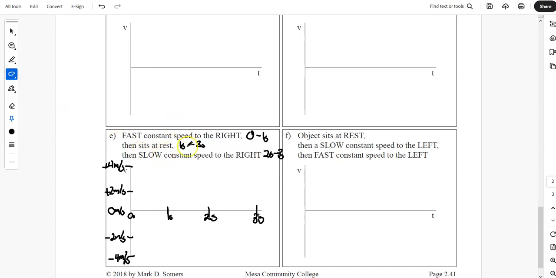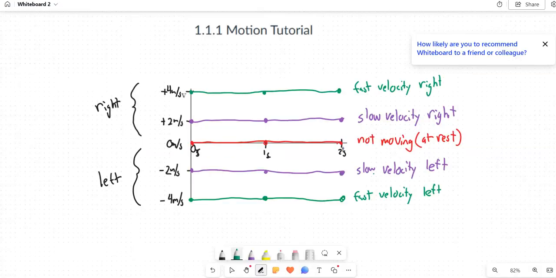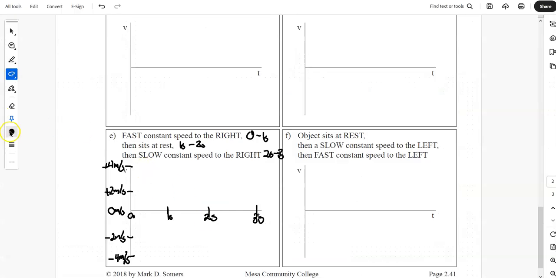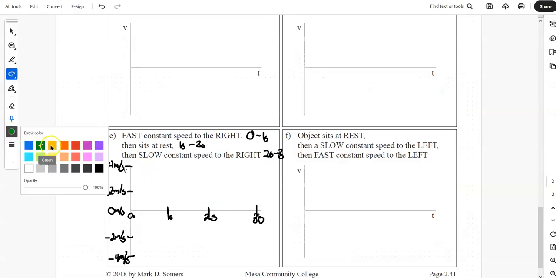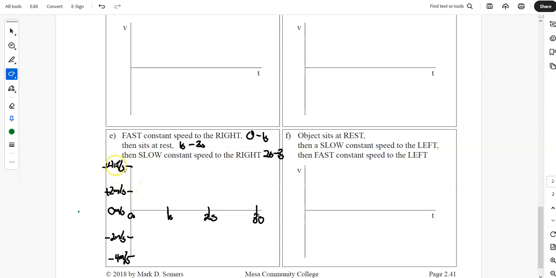A fast constant speed to the right. So I can use what I've learned here, and I'm going to combine the different types of motion. So fast, I think we used green, so I'm going to use green. And if it's to the right, that's going to be in the positive direction, so it's going to be up here. And for that first second, it's traveling to the right at positive 4 meters per second.